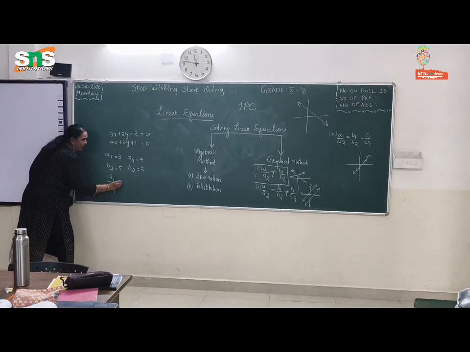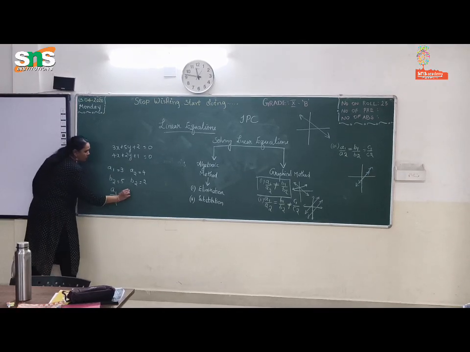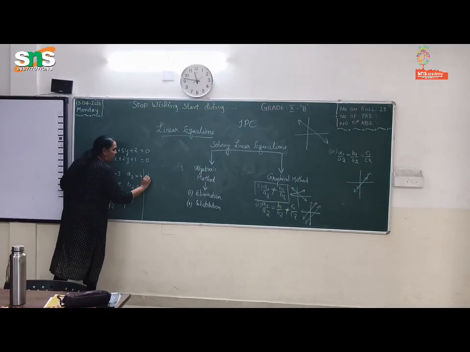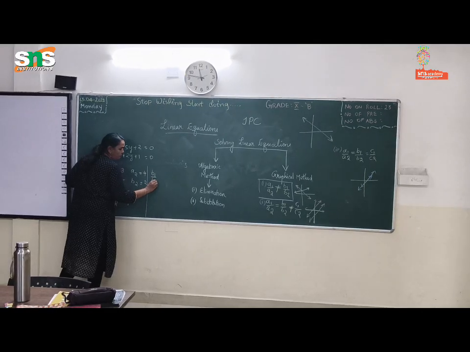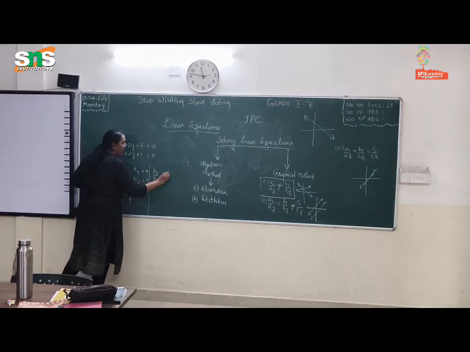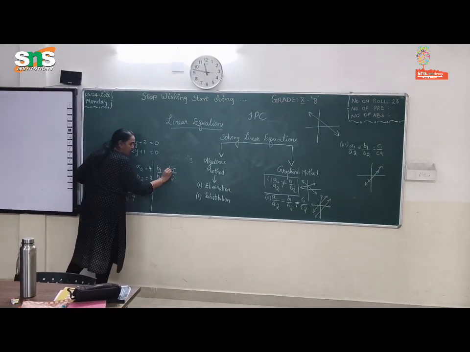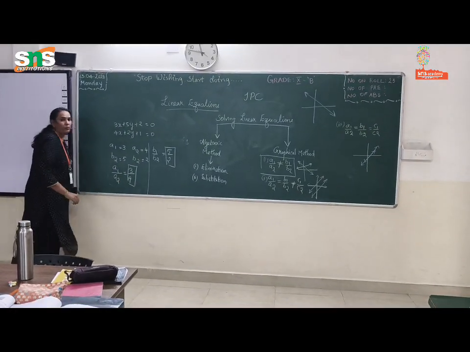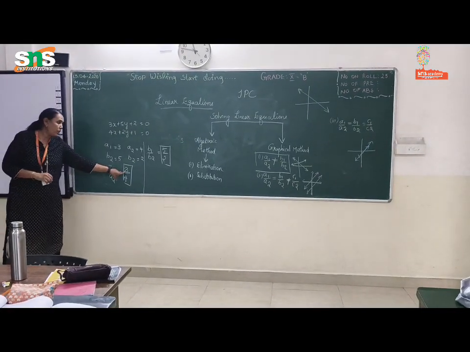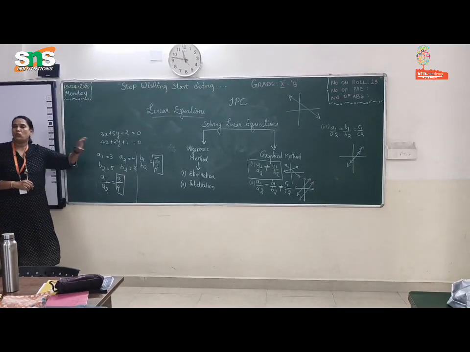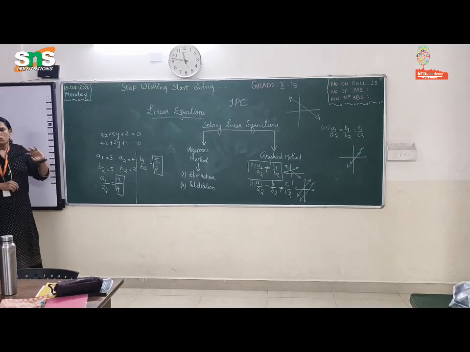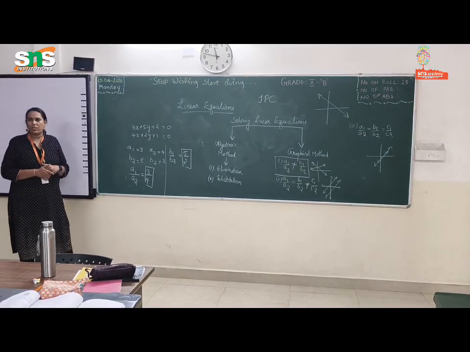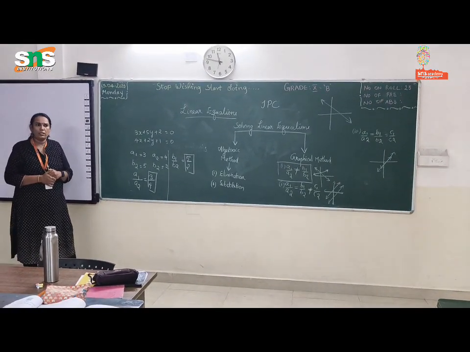Now I'm going to check a1 by a2. What is the a1 by a2 answer? 3 by 4. Now can you please say b1 by b2? 5 by 2. Now observe, are they equal? 3 by 4 and 5 by 2. Are they equal? Why? We don't have an equivalent fraction, no? So how do you decide?